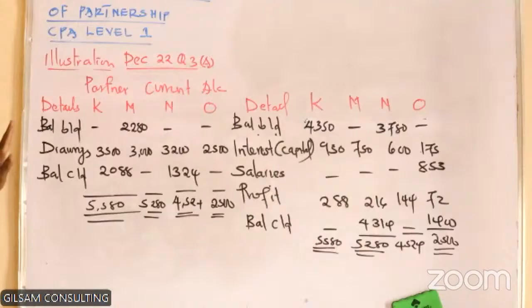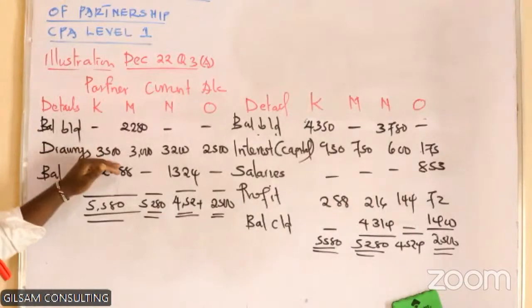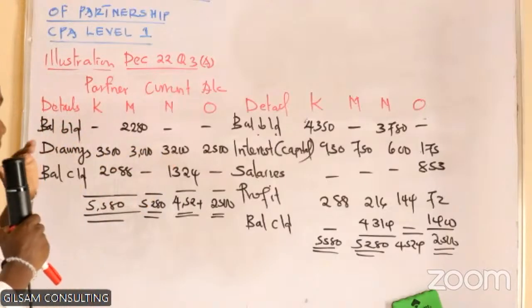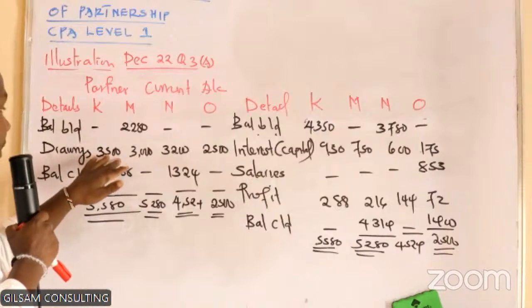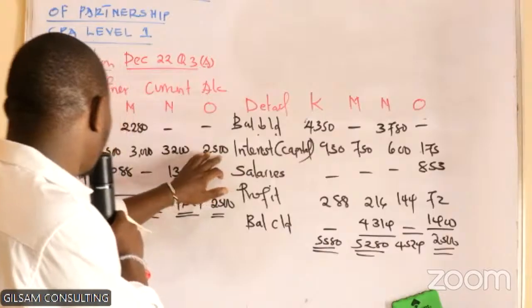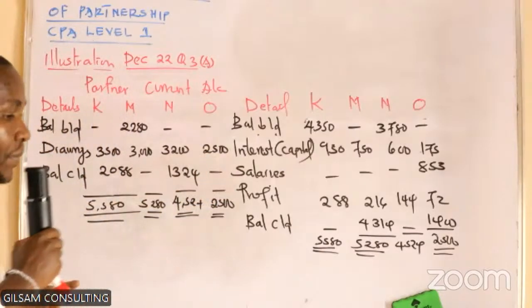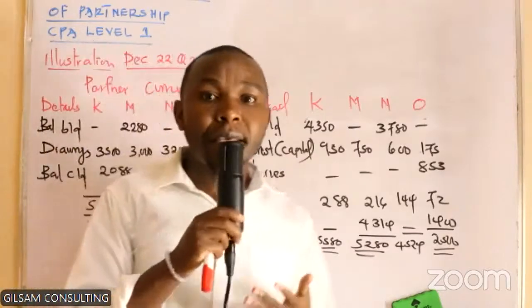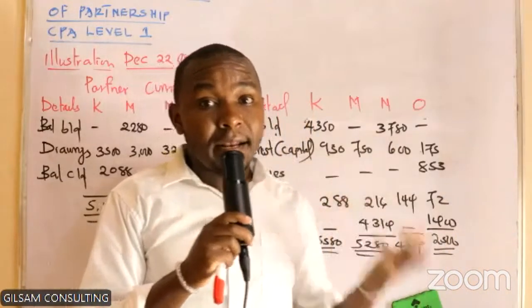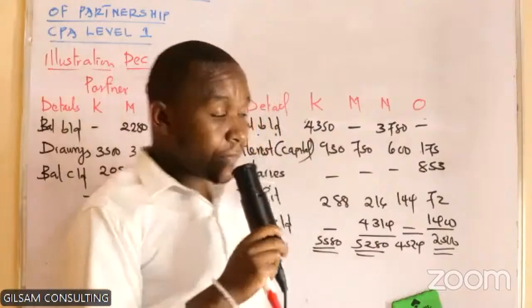And then on the debit side, we also have the drawings. For Get 500 as per the trial balance, then 3,000, then 200, and 2,500. You will find that the balancing figure will be on a credit for some and on a debit for others, like the one they have provided us.